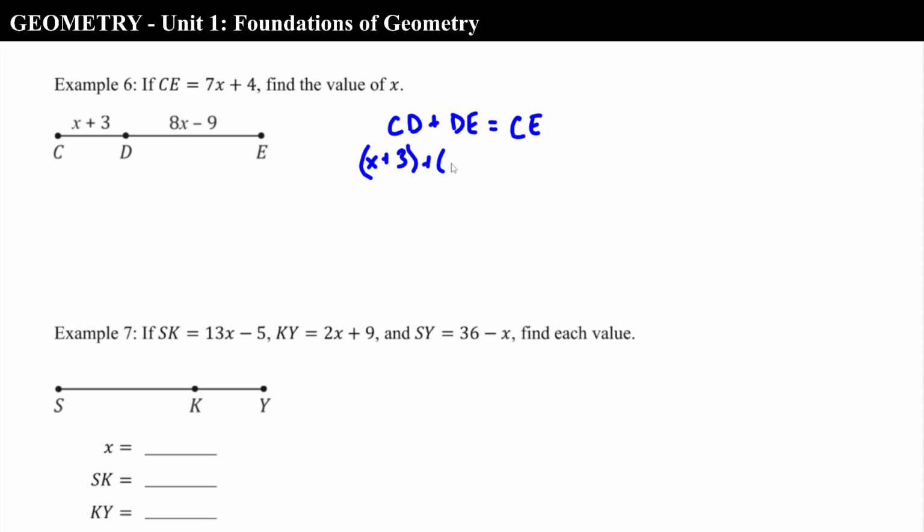DE is 8x minus 9. And CE is 7x plus 4. X plus 8x gives us 9x. 3 minus 9 gives us negative 6.